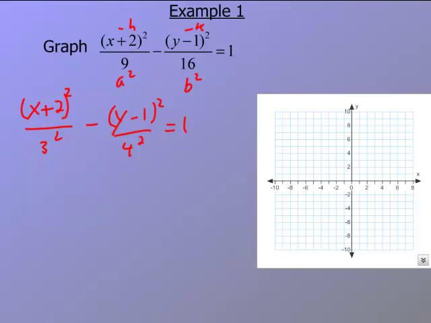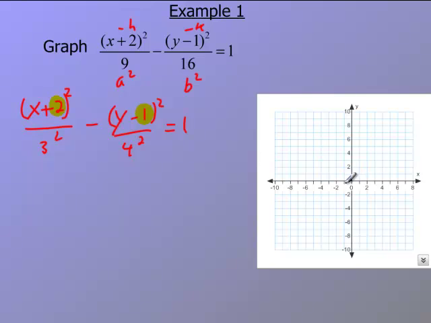But the most important thing I want to deal with at this juncture is with the h and the k values. H is always with the x for horizontal, x runs horizontally, and k always with the y because it's vertical. And that's always going to be the first point that I want to plot when I'm graphing something like this, is where my center is going to be.